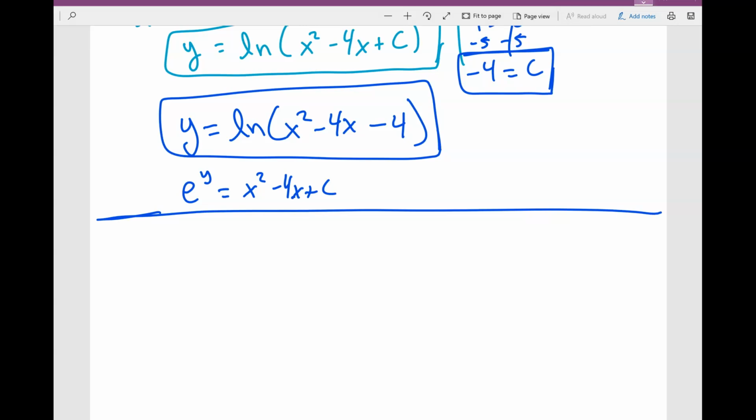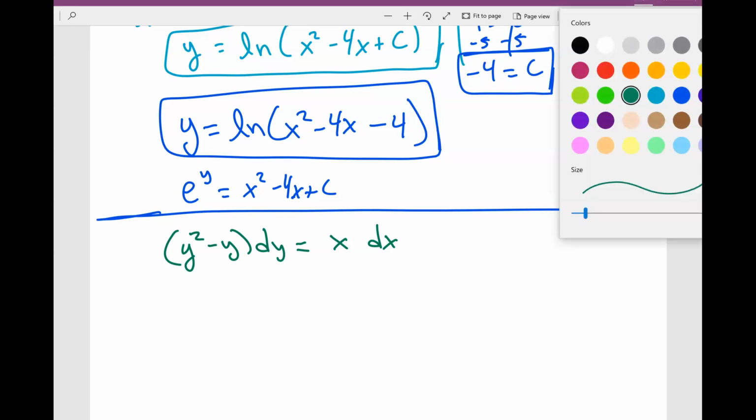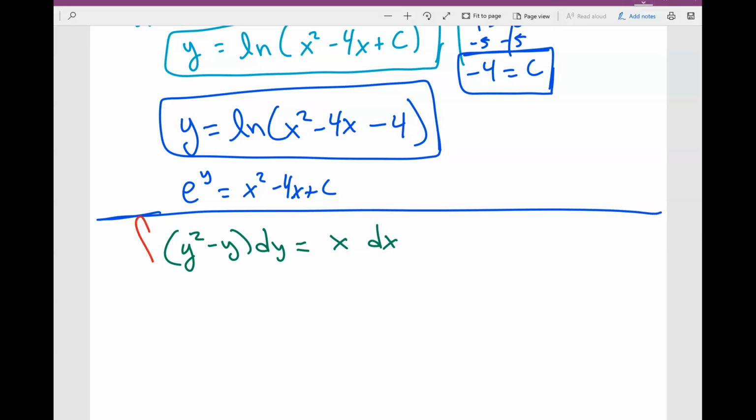So for example, something that you might encounter might be, let's say I did separation of variables and I ended up getting, I don't know, y squared minus y dy equals x dx. So let's say we had something that looked like that. And if I were to take the integral of both sides, you would have y cubed over 3 minus y squared over 2 equals x squared over 2 plus c.